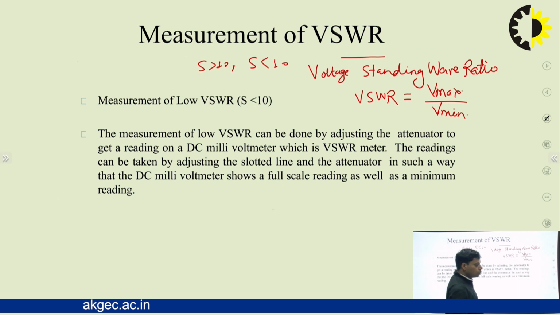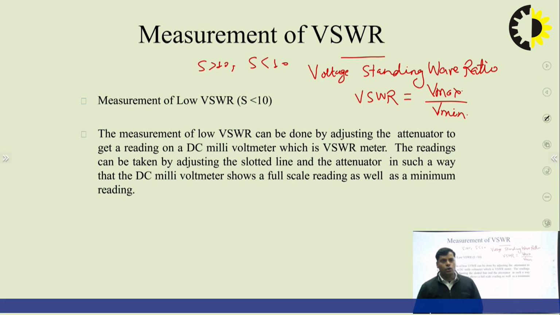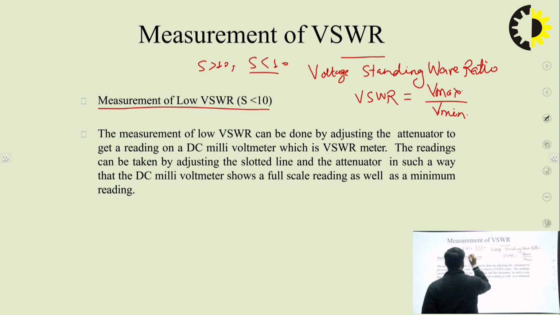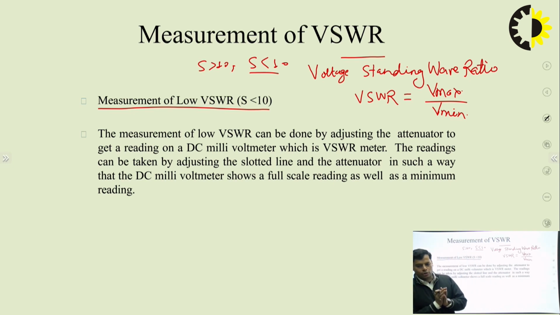For these two ranges we measure the value of VSWR differently. First we consider S less than 10, that is, measurement of low VSWR. For that, we simply connect the microwave test bench in the sequence I told earlier.